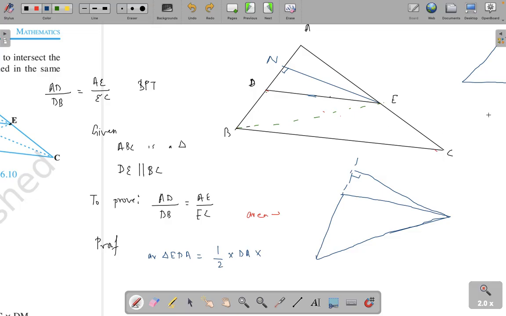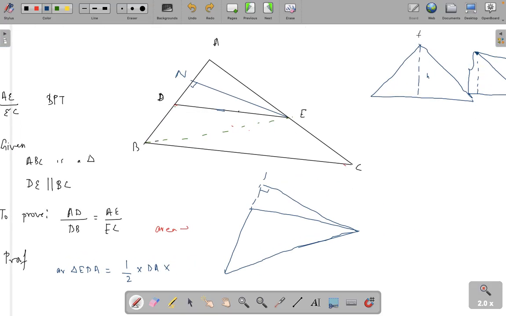So see, the area of a triangle, if this is ABC, and you are dropping an altitude, if you know this height, you'll write half times h times BC. If you know this height, say this is h1, you'll write half times h1 times AC.